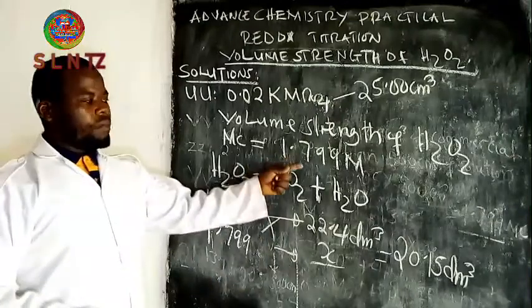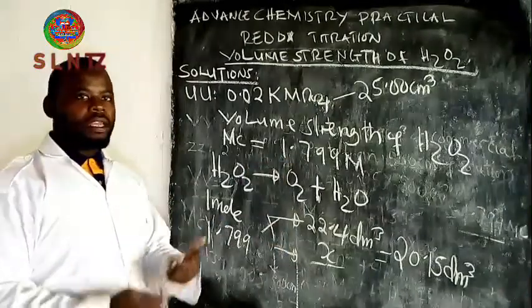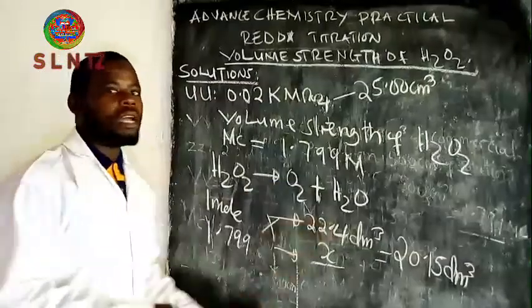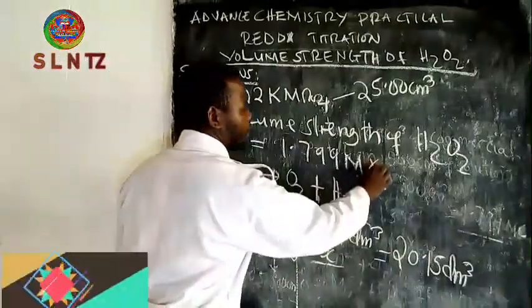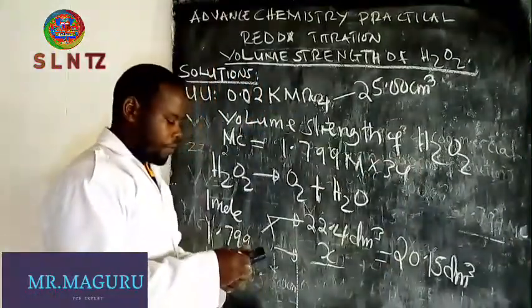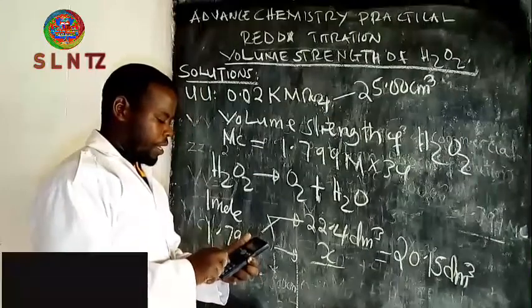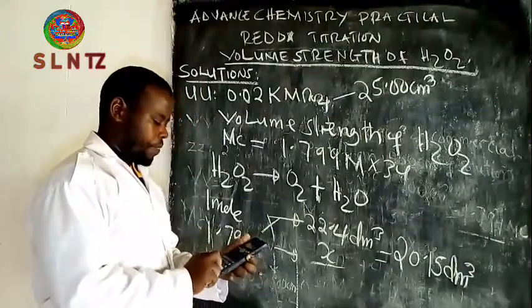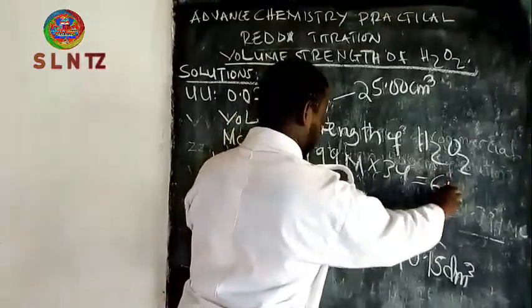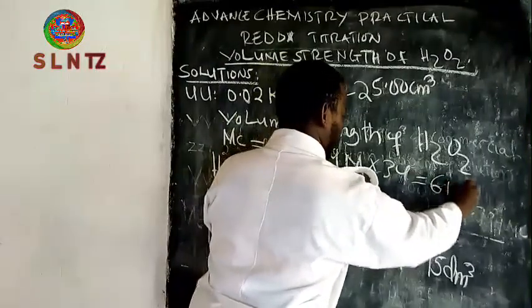For the same, you can use initial concentration. It means in order to get concentration here, you multiply by molar mass. It means 34. When you get 34 here, 1.799 times 34, you get 61.17.